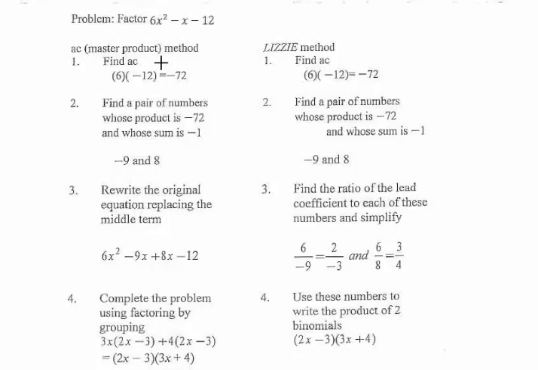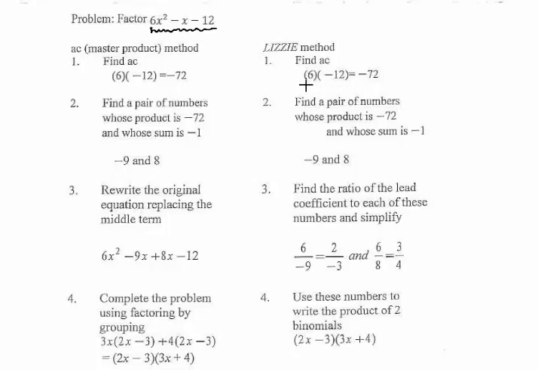Okay, so if we compare the two methods, and what we're trying to do is factor this trinomial here, 6x squared minus x minus 12, we see that in both the AC and the Lizzie method, we take A and C and multiply them together.